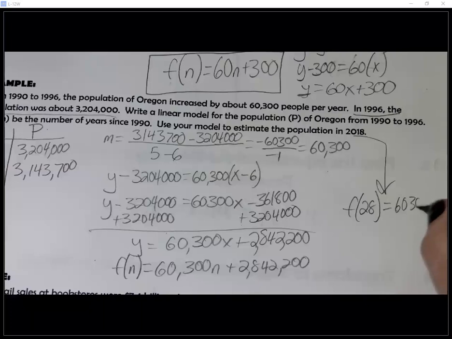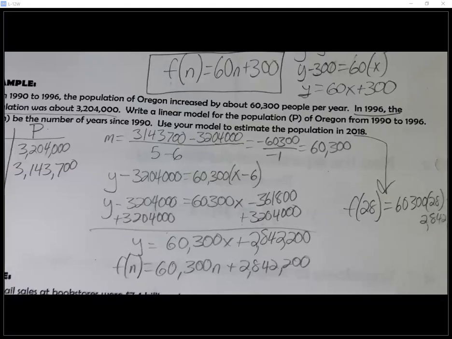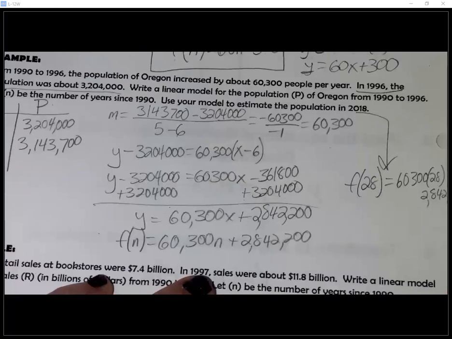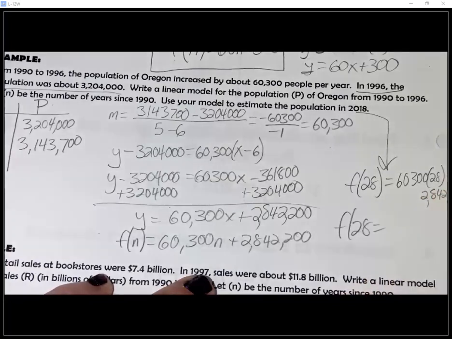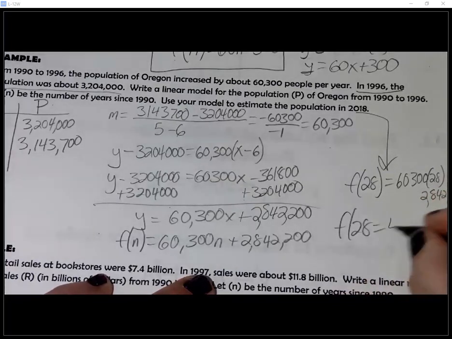60,300 times 28 plus that massive number, 2,842,200. I grab my calculator, let it do the heavy lifting for me. I got... I made it so messy.